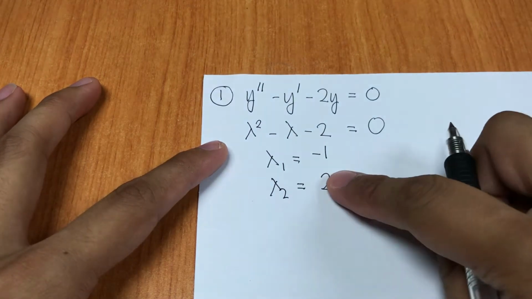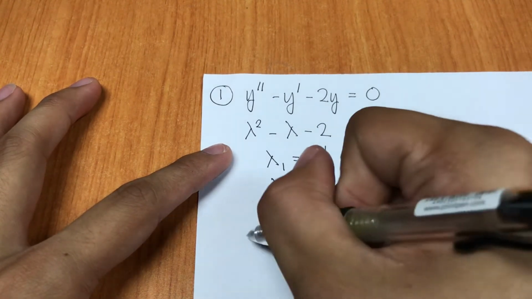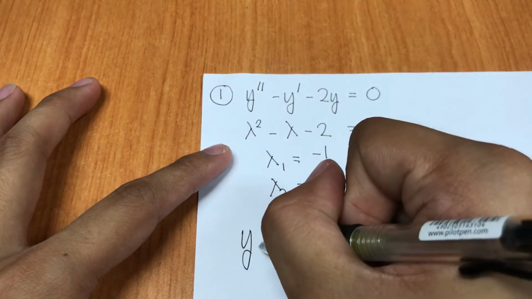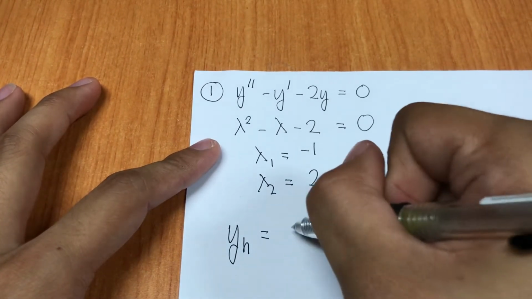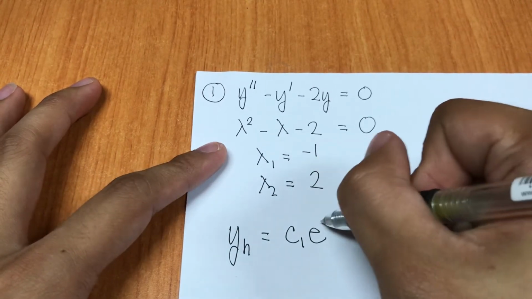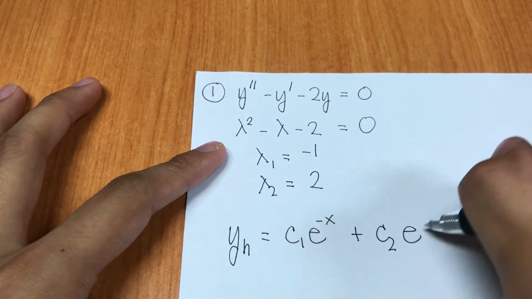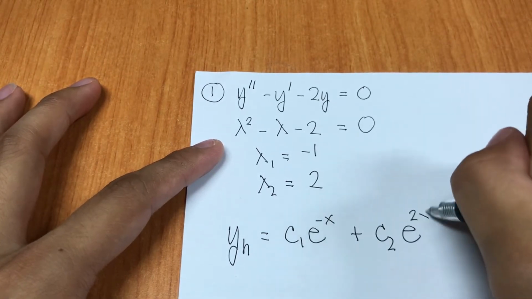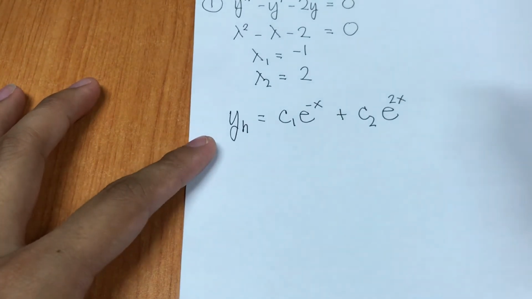We just substitute into the formula. Our final answer: y_h is equal to C1 e to the power of -1x or -x plus C2 e to the power of 2x. Final answer.